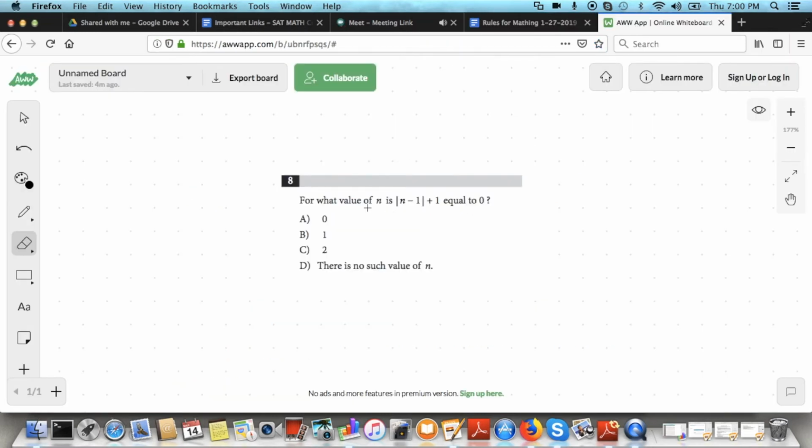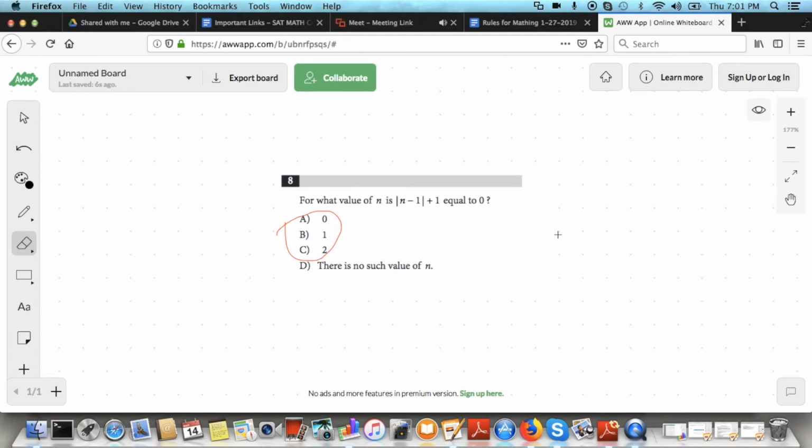So, the question is, what value of n makes the absolute value of n minus 1, plus 1, equal to 0? How can we find the right answer choice here? I don't think you can. Well, A, B, and C are all possible values for n, right?